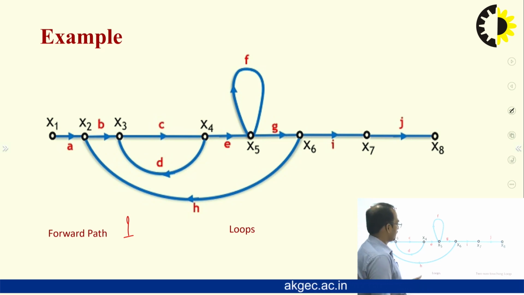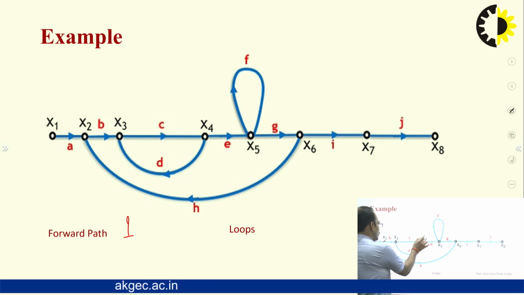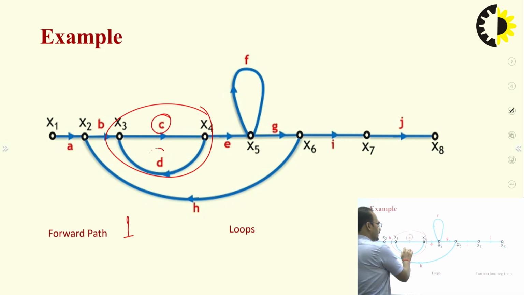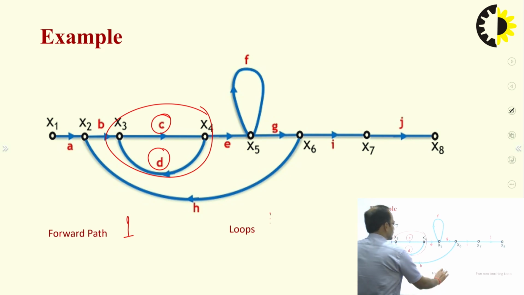How many loops are there? You can see one loop here, x3, x4, and this is the path gain, CD.